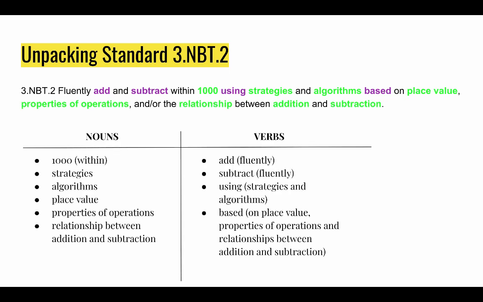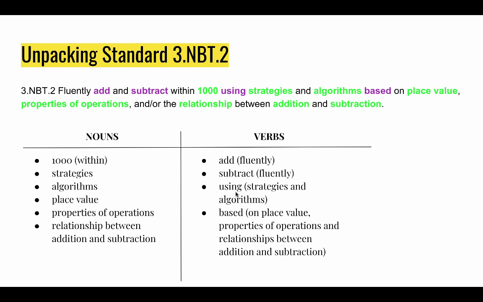So here we have done this, pulled it apart. I wonder how you did on your own as you were identifying the nouns and verbs. I like to put in parentheses next to the nouns or the verbs their connected words, even though we know over here that fluently is not a verb, it's actually an adverb, or that strategies and algorithms are nouns, but we know that students will be using them.